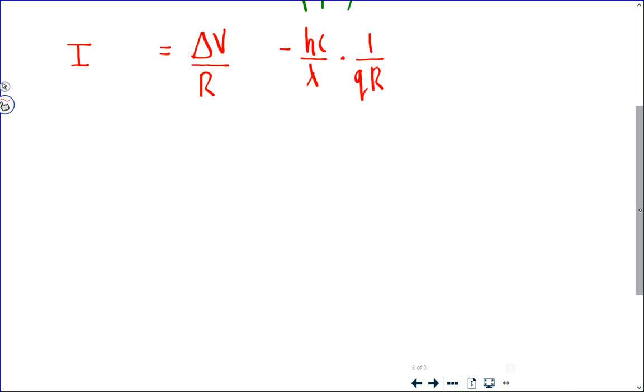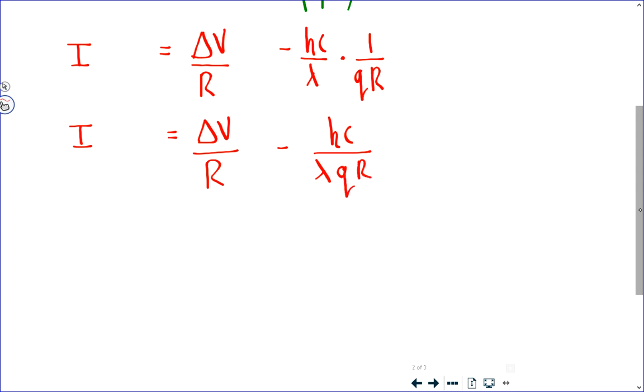In the next step, I'm simply going to pack all of those variables and quantities together in the last term to get current equals potential difference over the resistance of the LED minus HC over lambda QR.